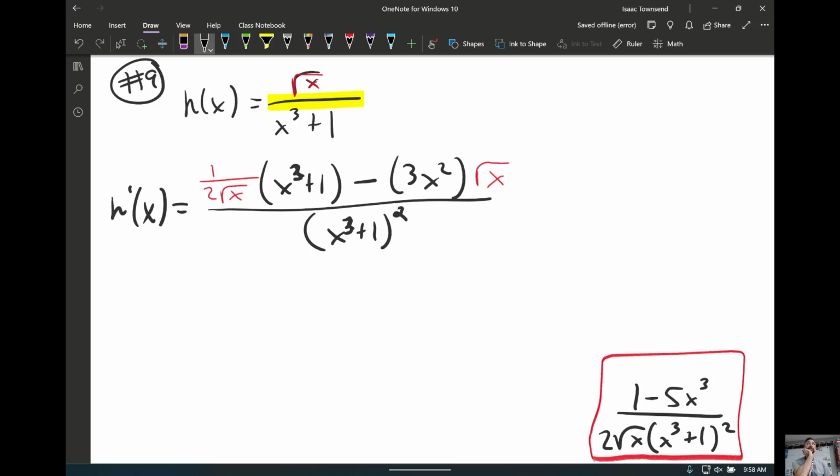So technically that's the derivative. If at some point you have that correct, that means you applied the quotient rule correctly, you took the derivative of the square root of x correctly with the power rule, and you took the derivative of x cubed plus 1 correctly. But you could still get stuck here on the test and not realize that this is supposed to be your answer.